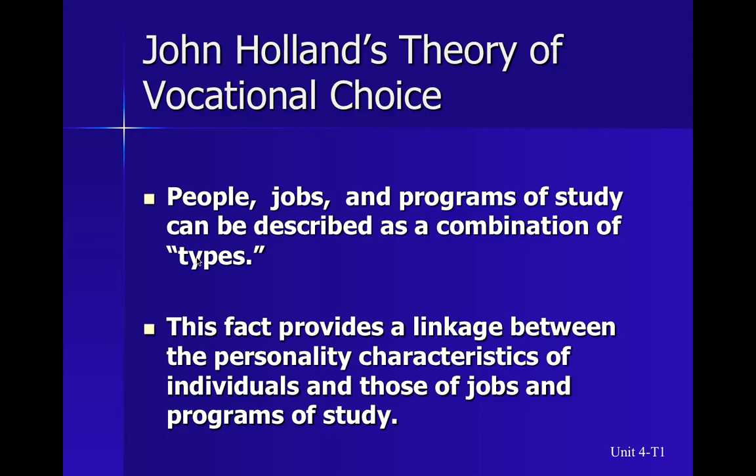John Holland's theory is really that people, jobs, and programs of study can be described as a combination of types. And you can link your type of personality and interest to jobs or programs of study; there's a link between those two areas, your interests and jobs or majors.